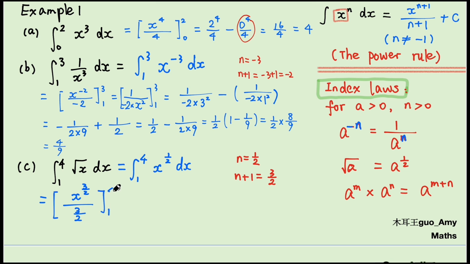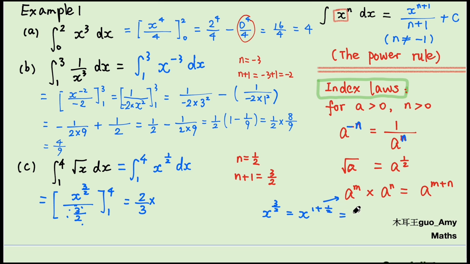Then record the lower limit and upper limit. We are going to simplify the expression first. The denominator, 3 over 2, we are going to flip it, get 2 over 3, and it becomes the multiplication. Then for x to the power 3 over 2, we are going to use this index law to separate 3 over 2 into 1 plus a half.